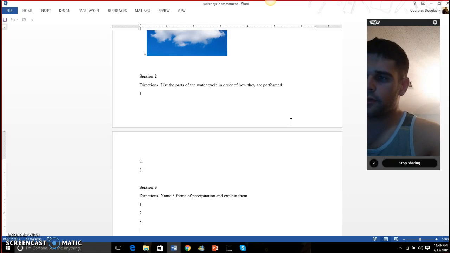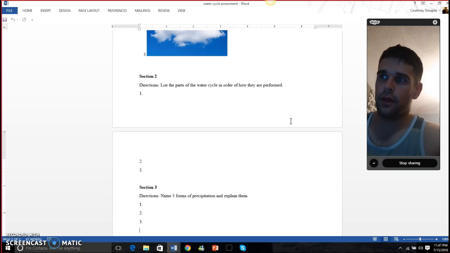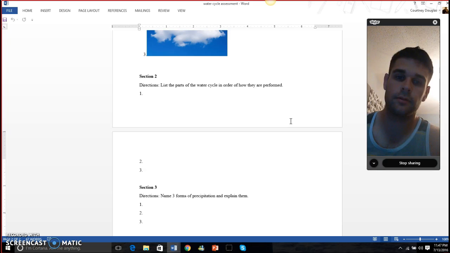Evaporation, when water heats up enough to go into the air, and then condensation, when the water vapor forms into clouds, and then precipitation, when the clouds get too heavy and they need to rain or snow or whatever they have to do to get lighter.